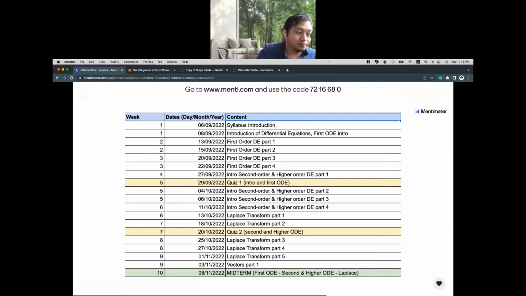But okay, if we can progress really fast, maybe. The first order has 4 parts. If we can make it in 3 parts, then we can move the schedule.